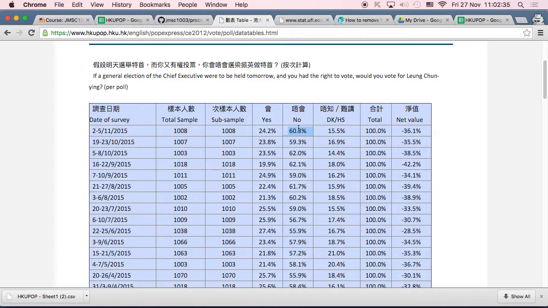But for question 1, when P equals 0.5, what is the margin of error? We can just plug in the numbers in this equation and get the answer.